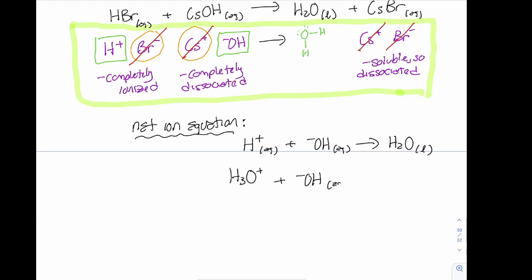I have a hydronium ion, a hydroxide ion. I said that completely backwards, sorry. This proton is going to bond to this water to form a hydronium ion. This is my hydroxide ion, sorry for that. And then that's going to produce water. And then to balance this, I actually need to have 2 water in front of this.